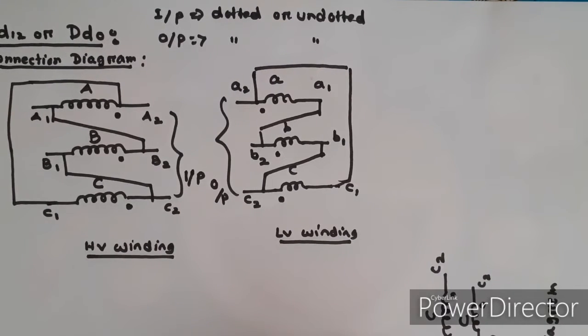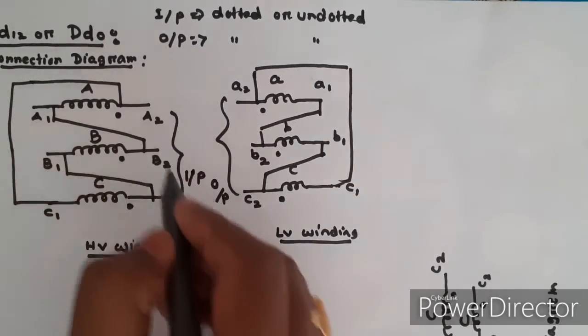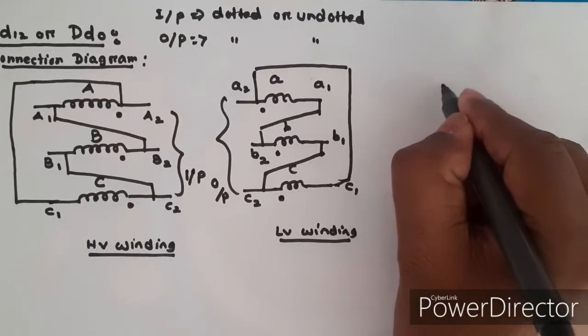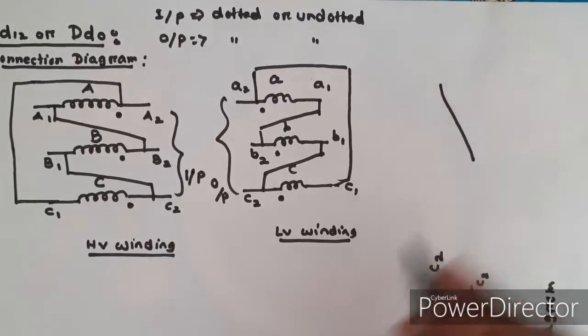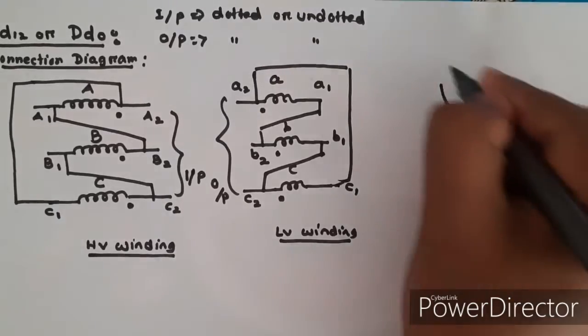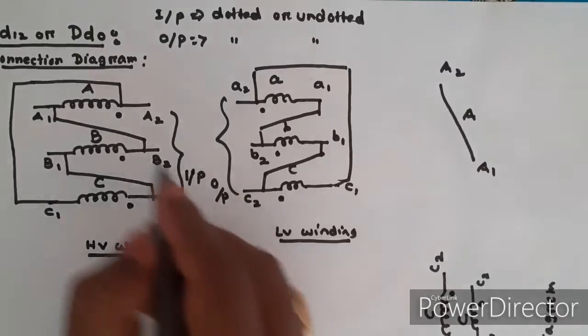Now I want to draw the phasor diagram. For drawing the phasor diagram, I arbitrarily draw any phase. First I will draw the HV. This is A1, A2, and this is the A phase.